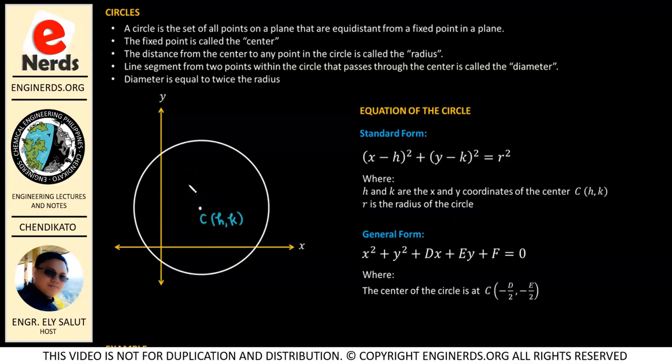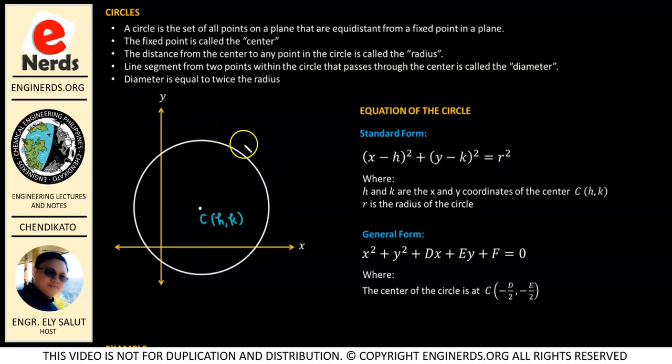Ang sabi dito sa ating definition, a circle is the set of all points, ibig sabihin maraming points ang pinag-uusapan natin dito, on a plane that are equidistant from a fixed point. So imagine if this is the fixed point, tapos meron tayong set ng maraming points na equidistant dito.